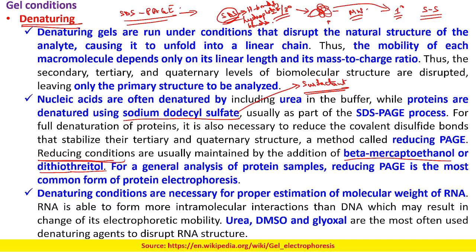These two reducing agents can help us in breaking up the disulfide bonds and converting them into SH bonds. In this way we can break down the protein structure and bring it into the primary structure.